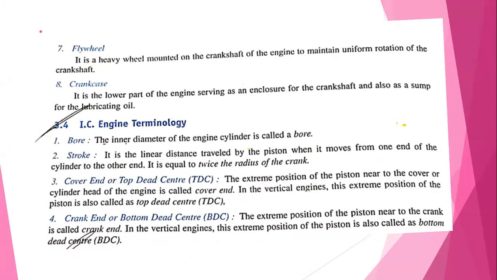No need to reproduce the same as in the book or in my notes. Read the notes twice, thrice or many times and write the parts in your own sentences. So minimum 8 parts are required for the IC engine from the examination point of view.